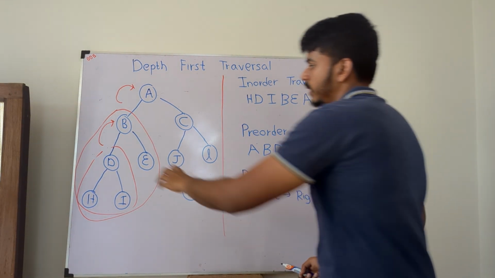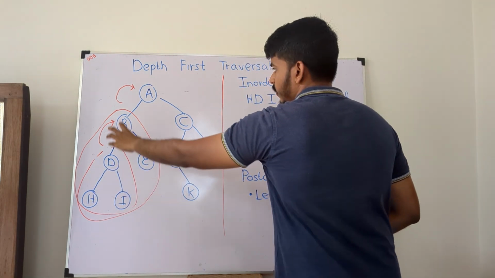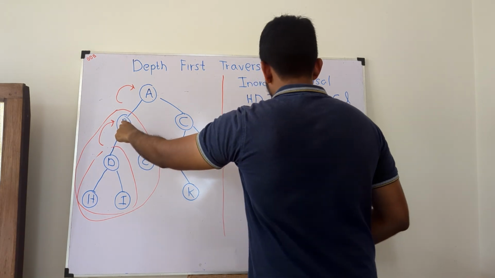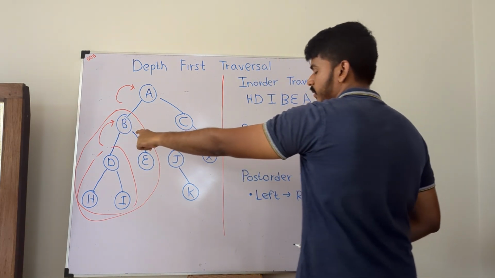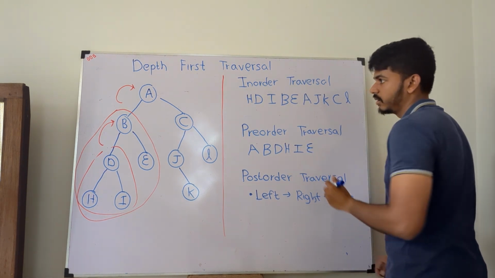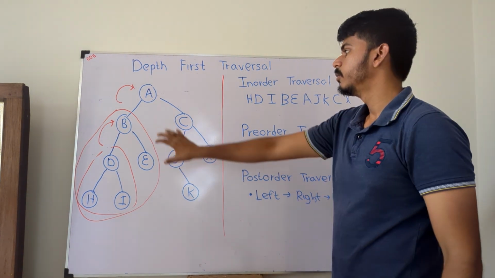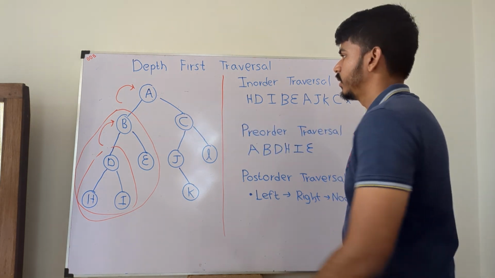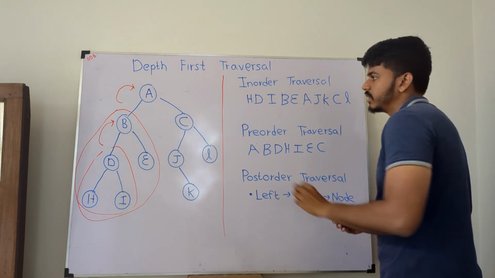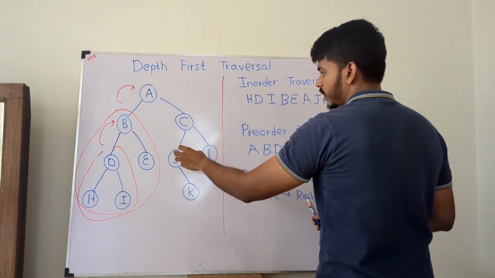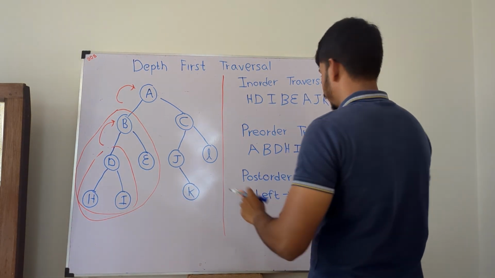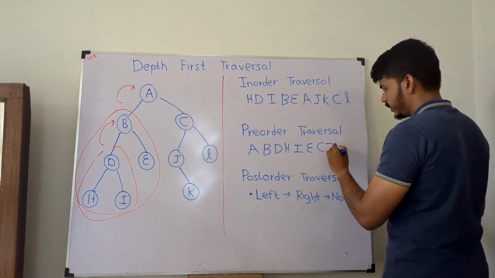So that subtree is done. Moving to this subtree, the node has been written. Then the right child, which is E. Then after that, move into the right subtree. The first node is C. C has a left child. In this left child, there is the node J with a right child K. So we are going to write J first.